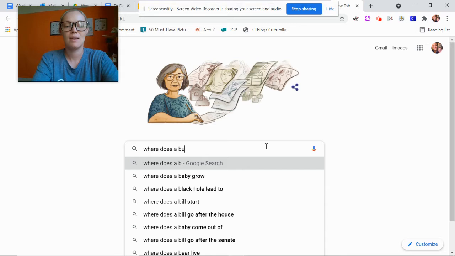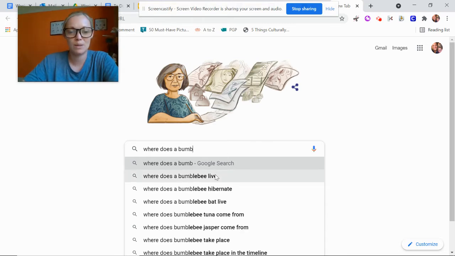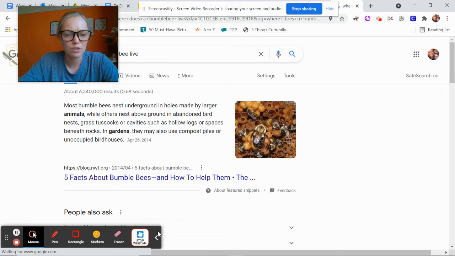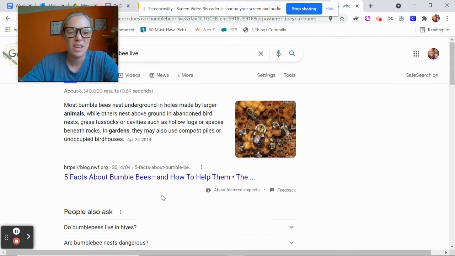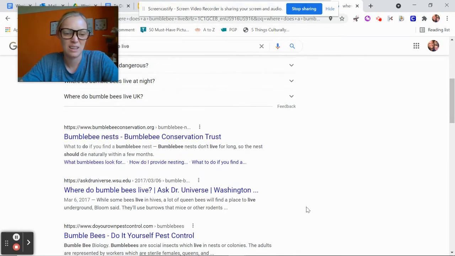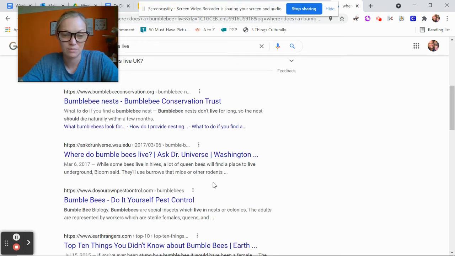I'm going to do a little extra research, and I've found a text that says, most bumblebees nest underground in holes made by larger animals, while others nest above ground in abandoned bird nests, grass tussocks, or cavities such as hollow logs or spaces beneath rocks. In gardens, they may also use compost piles. So it looks like they can live in a lot of different places.